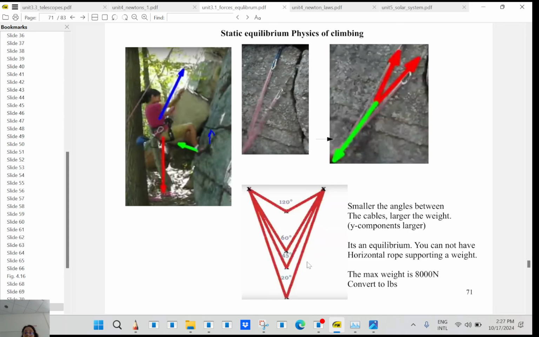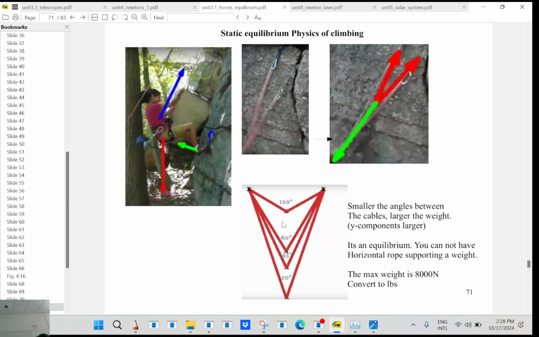Because remember, a vector, here it's a tension, comes into two components. And here it's only the y component doing the lifting. So if you increase the weight down, you need to increase the y component. So that's why they have to come together. So you're going to get more y component. If the load is a child, you don't need that much lifting. Is that clear?